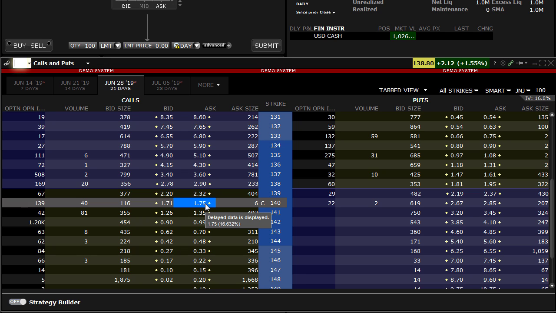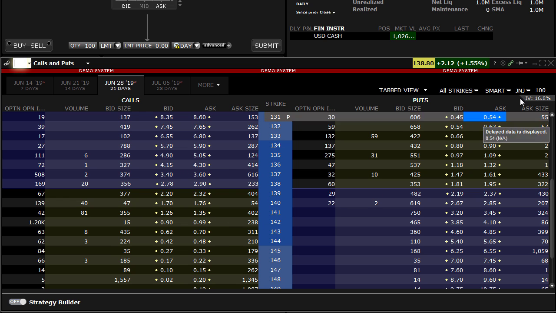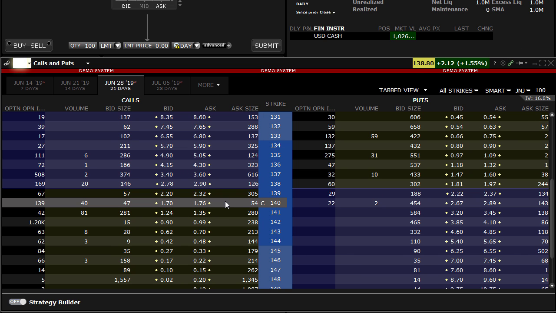So if the stock price goes up, say it goes to 150, it's right now trading at 138.80. Say the stock price goes to 150. Well, then you're in the money by 150 minus 140, which is $10, right?